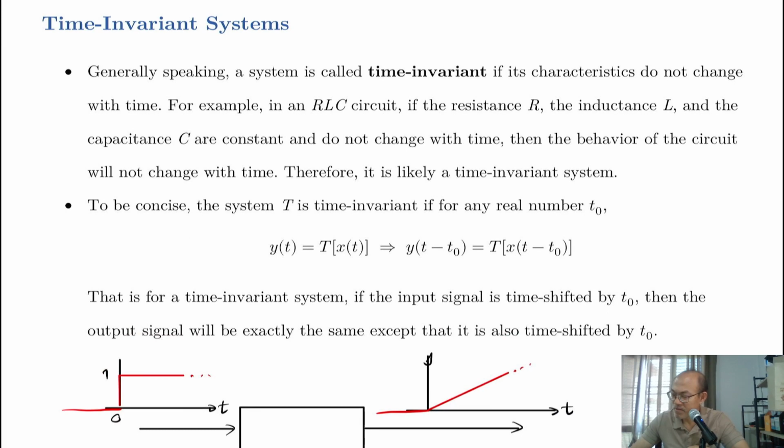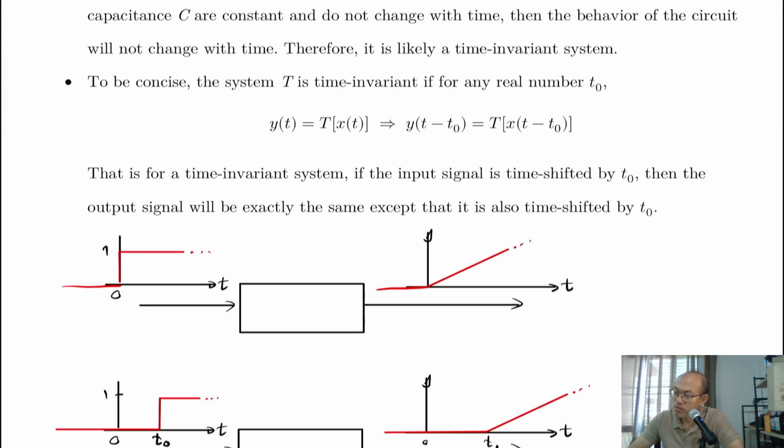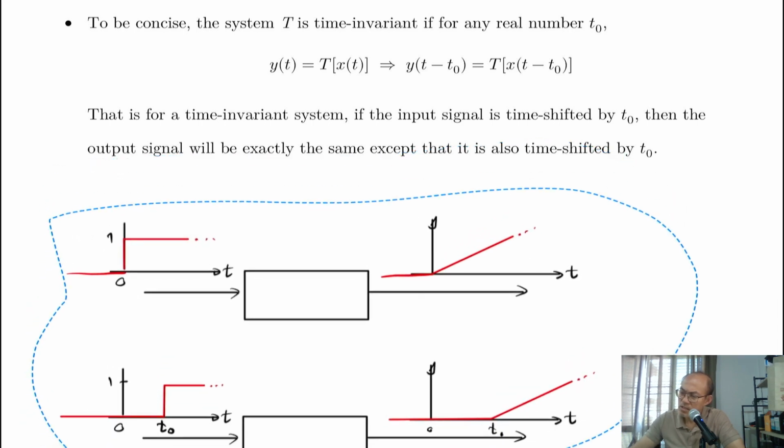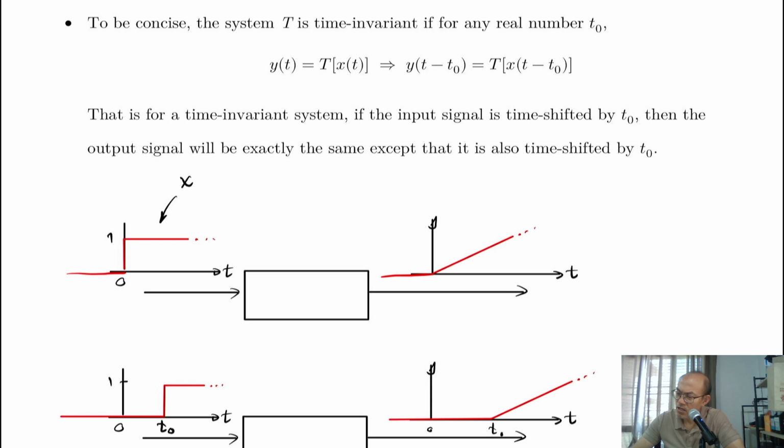Now, mathematically speaking, to be concise, the system T is called time invariant if for any real number t0, if y is the output from x, then the output from x shifted by t0 would have to be y shifted by t0 as well. With regard to this condition, this is x of t, and this is y of t.